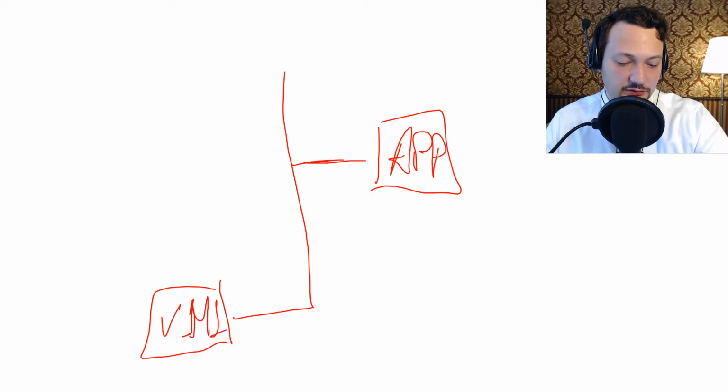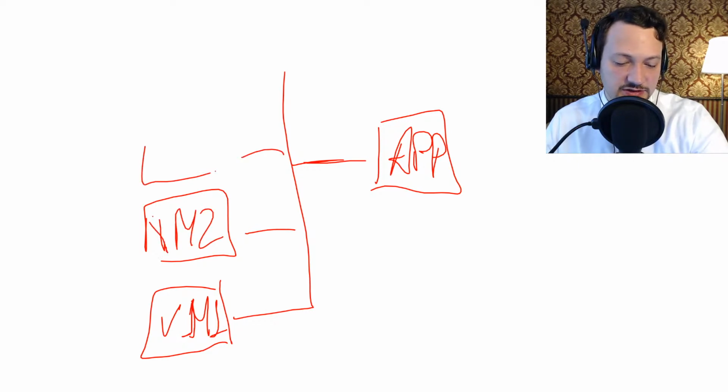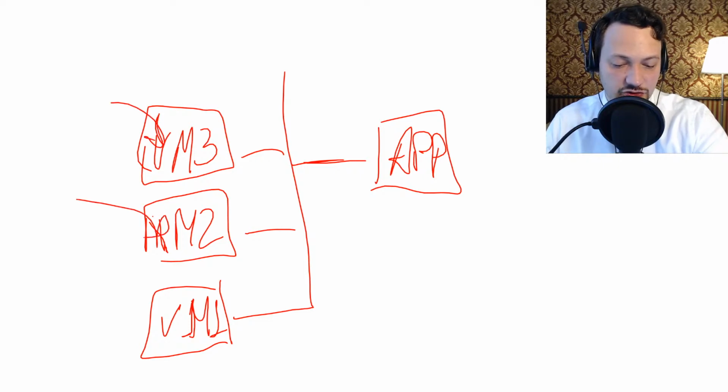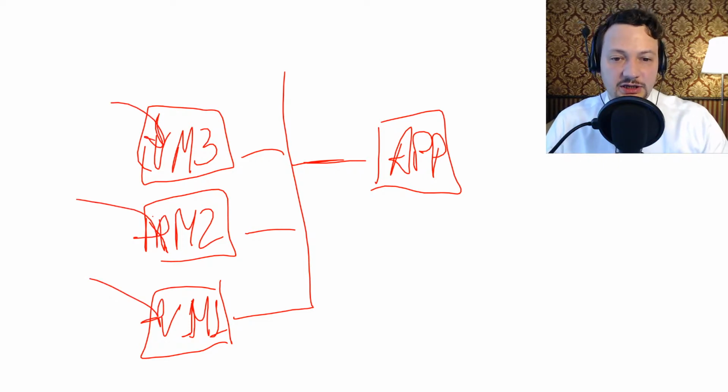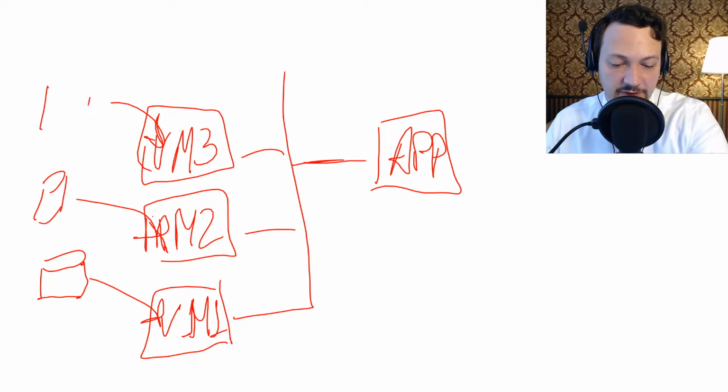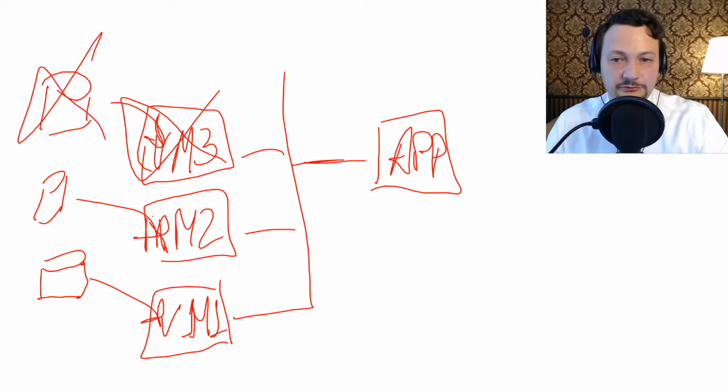If we take a look at the schema about the deployment of the application on different virtual machines, and the data of this application would be stored inside virtual machine 1, virtual machine 2, virtual machine 3, if they would have their own local storage for the data, then if one of the machines fails, we would lose the data too.